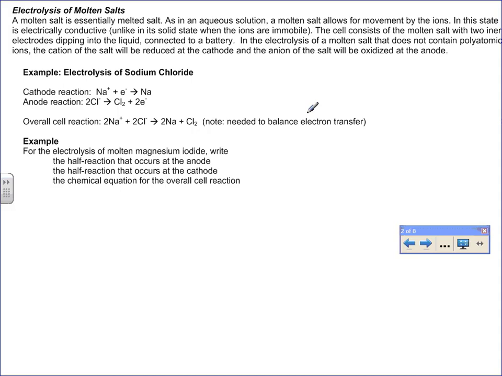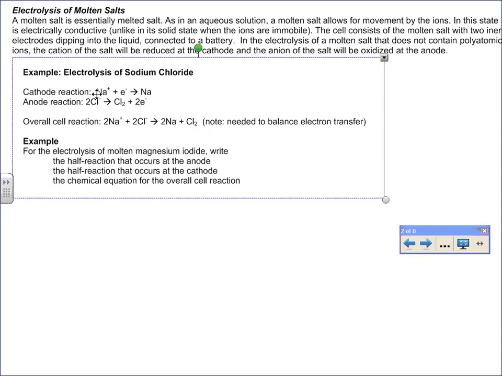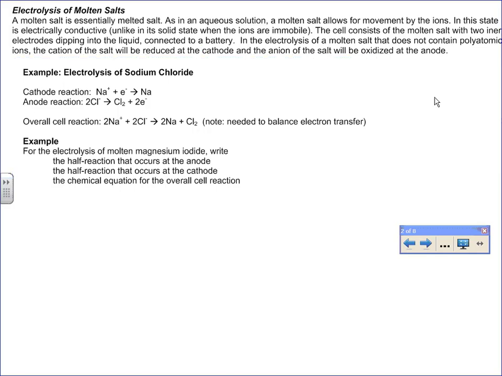For example, if you've got the electrolysis of sodium chloride, you've got sodium ions that are gaining an electron, and you've got the chloride ions that are losing electrons, which is the opposite of what they would like to be doing, so it makes sense that it would require energy in order to do this. So you've got sodium here gaining electrons.